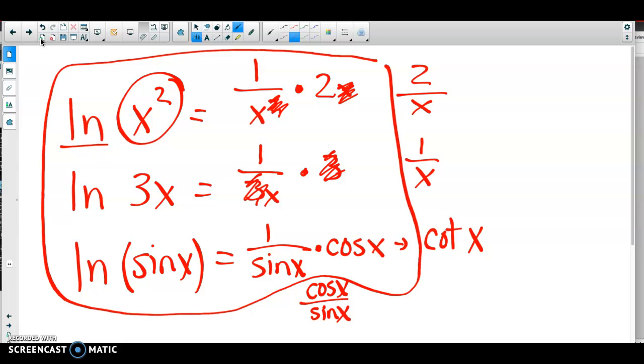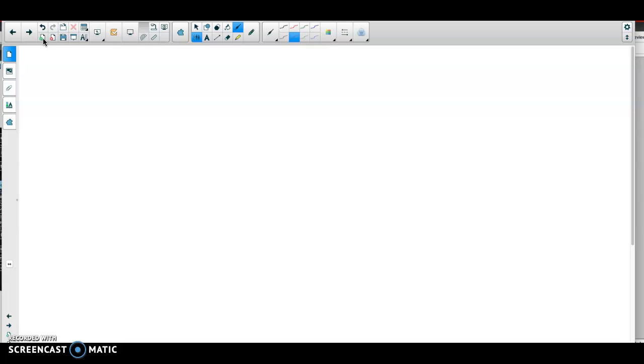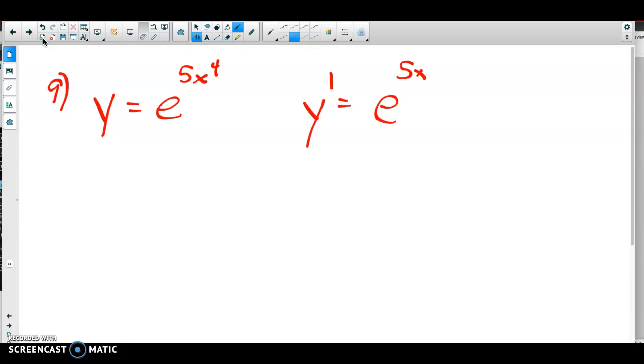Let me try one from your homework assignment to help you get ahead a little bit. I'm going to go to a new page. And let's get, this is number 9, y equals e to the 5x to the 4th. I already know it's an exponential function, so I know its original is going to be there, e to the 5x to the 4th.